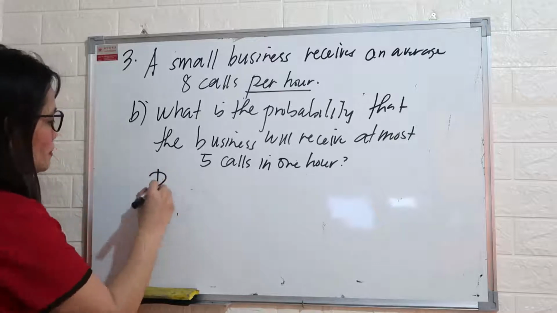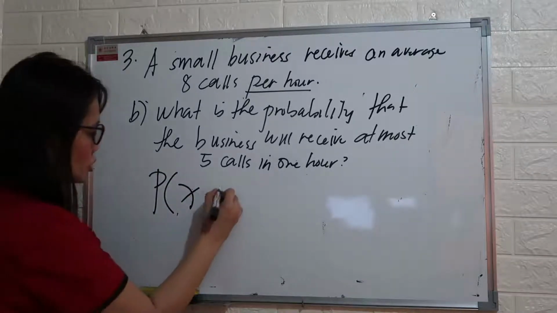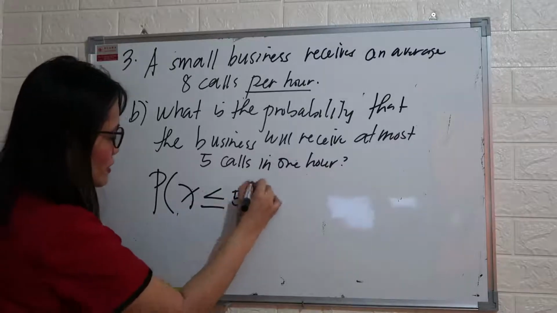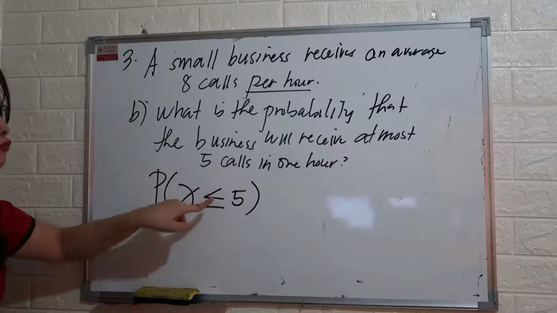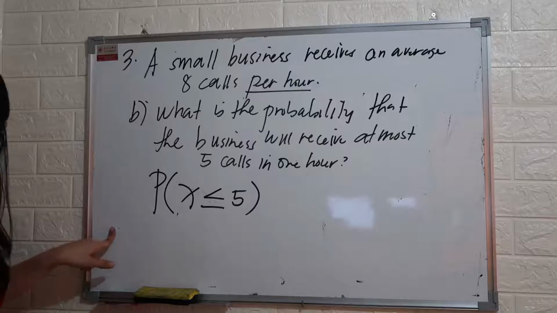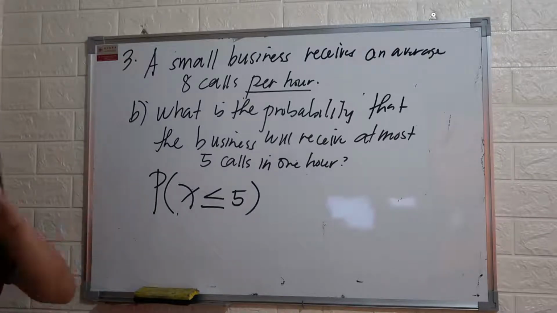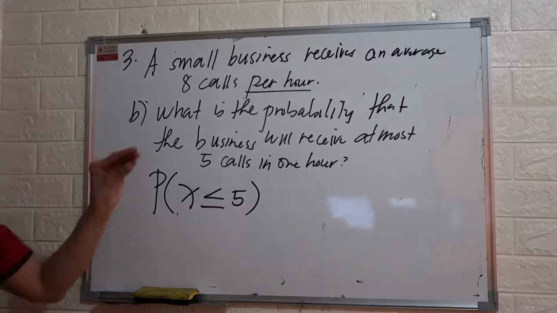So what is the probability that the business will receive at most, so less than or equal to 5. The maximum is 5, so that would be 5, 4, 3, 2, 1, 0. Okay, 0 is included, meaning there's no call at that particular time. So 0 to 5.